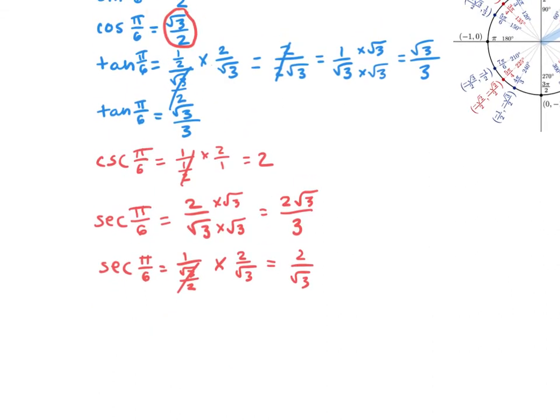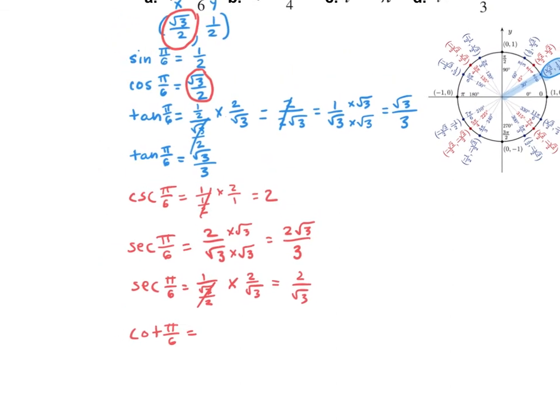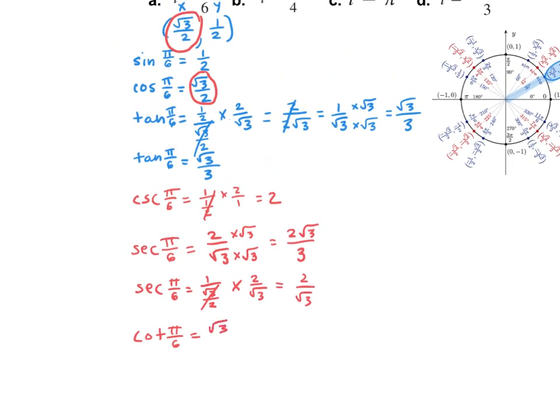Okay, lastly we have the cotangent. What's our formula for cotangent t? X over y. So our x is square root 3 over 2. Our y is 1/2.